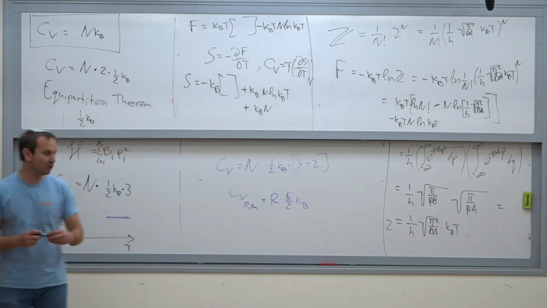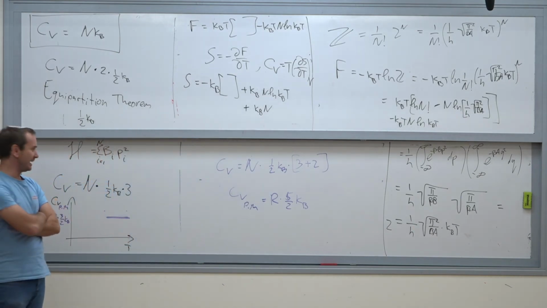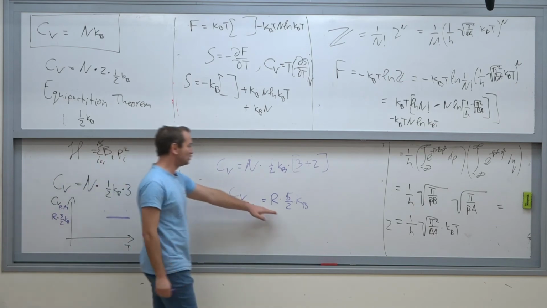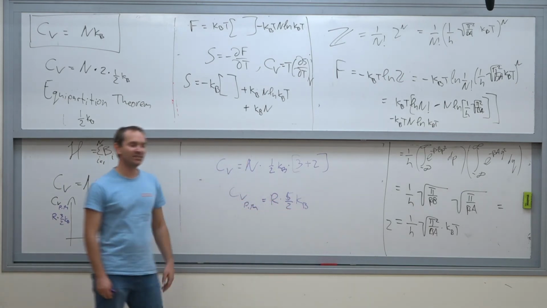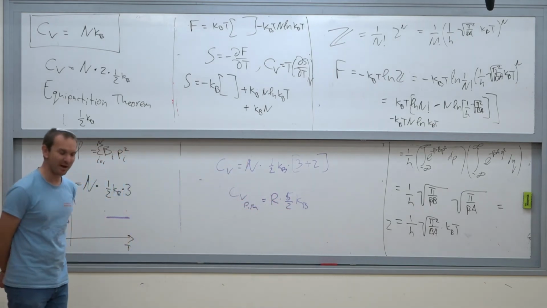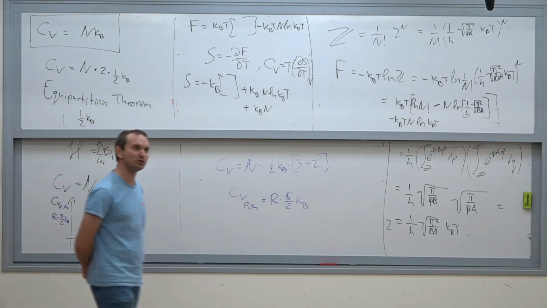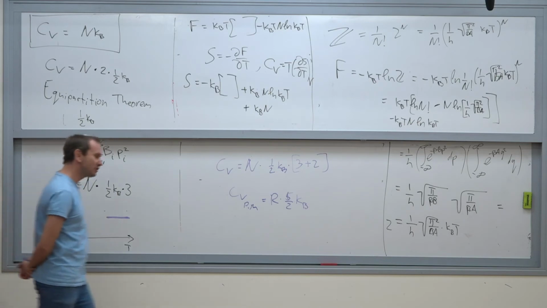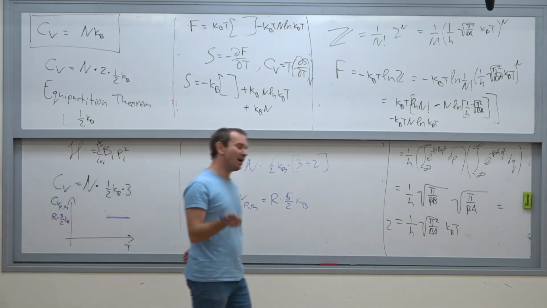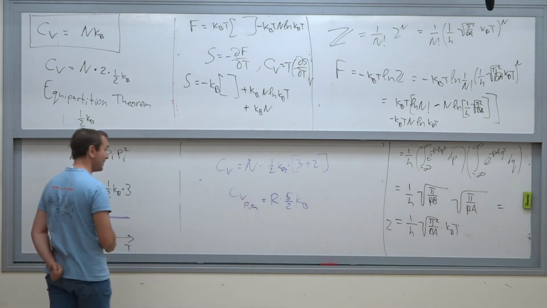So if I'm looking at the heat capacity and for high enough temperatures it looks like this, I can say for sure that my molecules are not only moving translationally, they're also rotating. Each degree of freedom per molecule adds an additional 1/2 k_B.